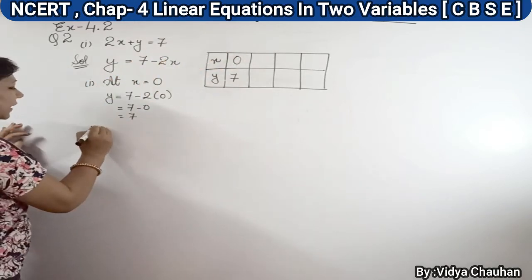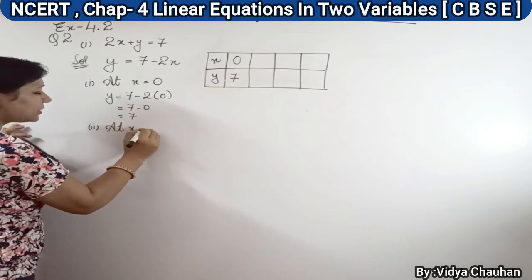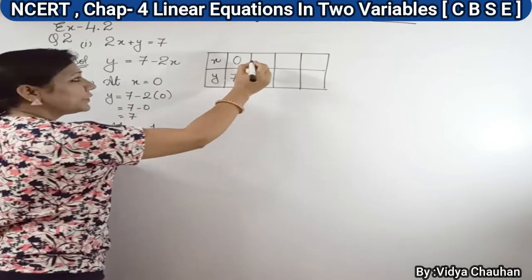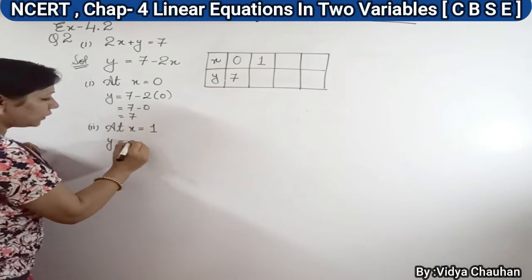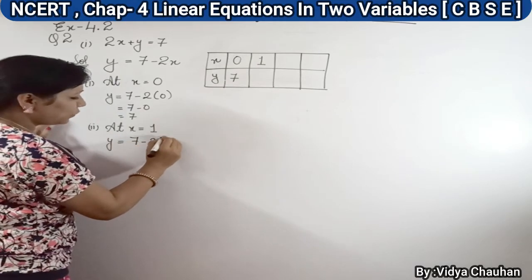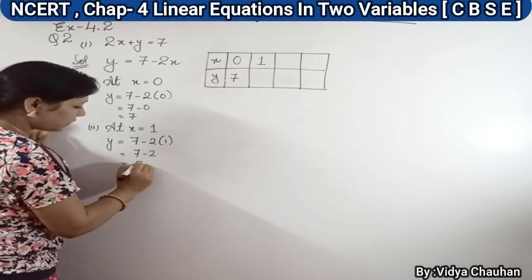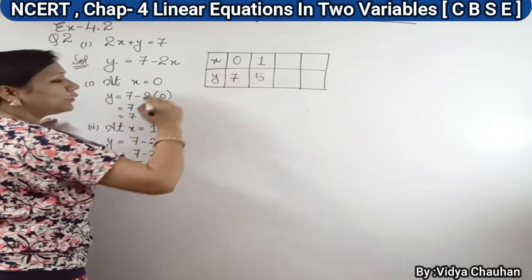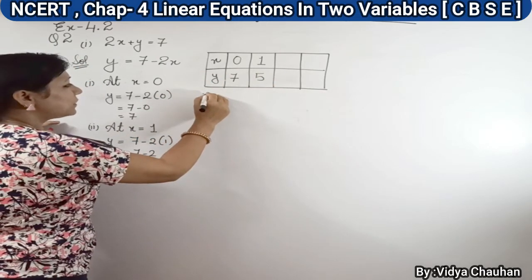Let's take another value, and now let us check what will be the value of y when x is 1. So at x equals 1, y equals 7 minus 2 multiplied by 1. So it is 7 minus 2, which equals 5. So when x is 1, the value of y is 5. Let's take some more values.